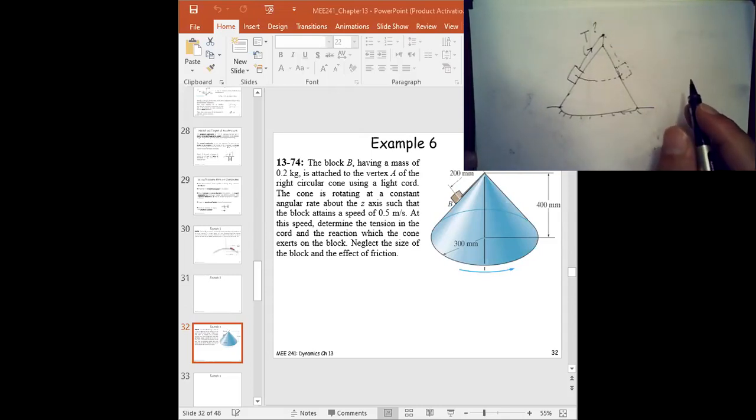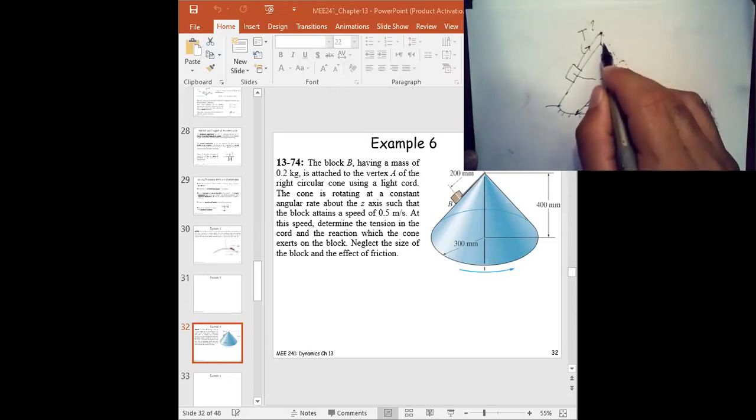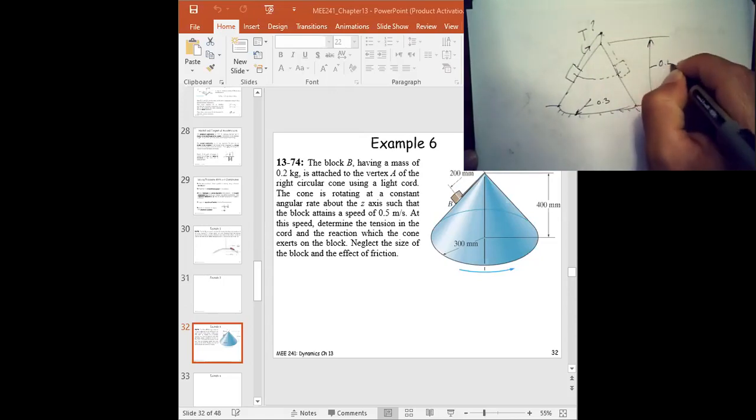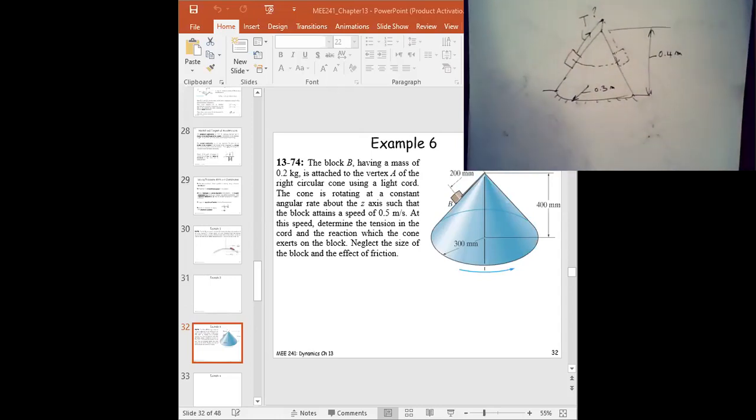We know this one here is 0.3, and this one here is 0.4. Can someone help me out to find that? How can I find the tension in the cable?